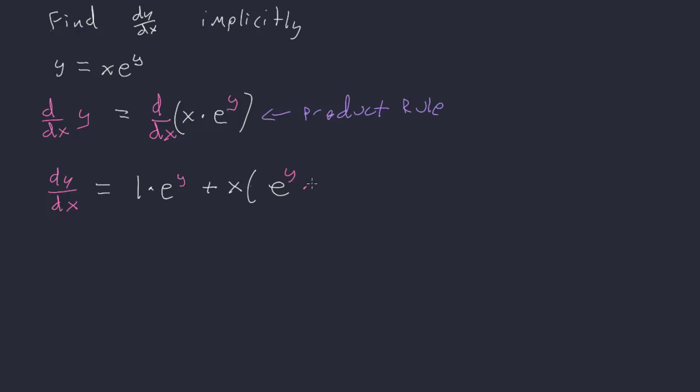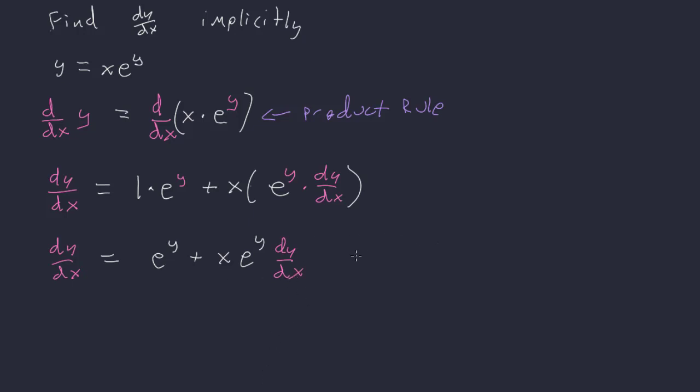So anytime we do a y derivative, we need to throw in a dy/dx. If we simplify this a little bit now, we have dy/dx is equal to e^y plus x e^y dy/dx.